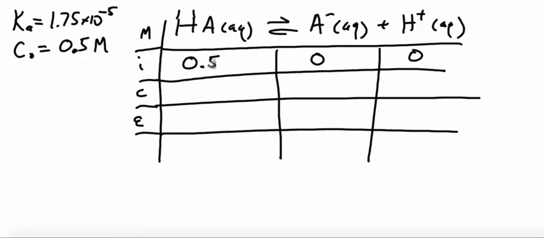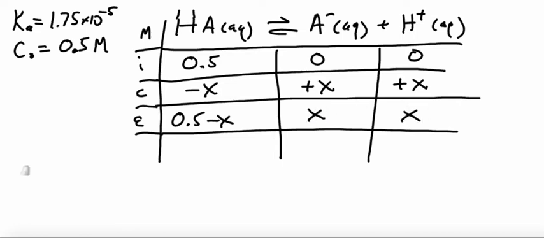What about the changes? Well, for every mole that reacts, we're going to lose a mole here, gain a mole here, and gain a mole here. So we check our coefficients and they're all 1, so it's very simple. All right, so at equilibrium, we're going to have 0.5 minus x. Here we're just going to have x, and here we're going to have x. And let me write our expression for K equilibrium.